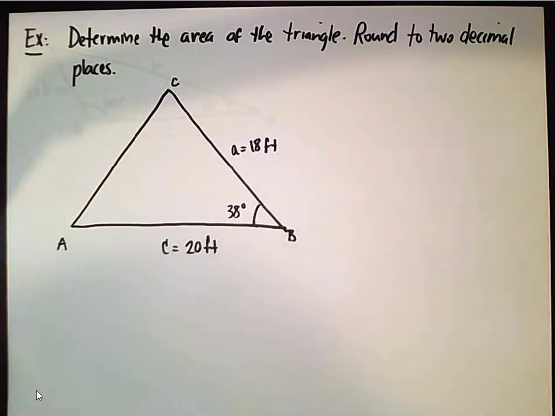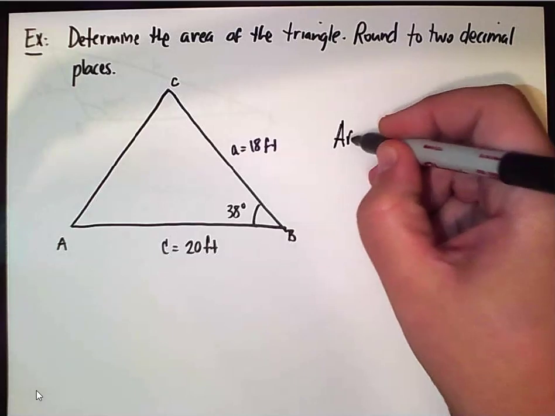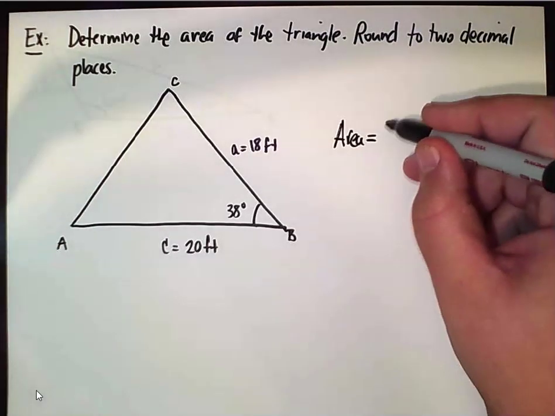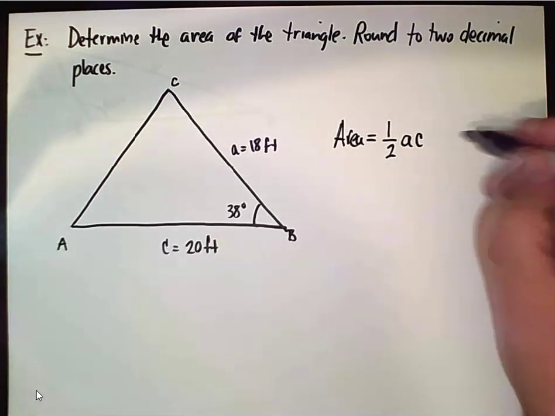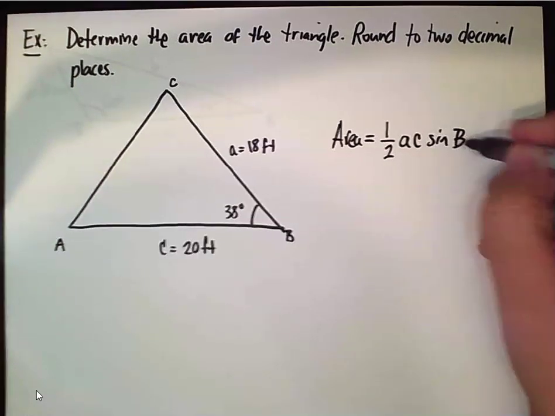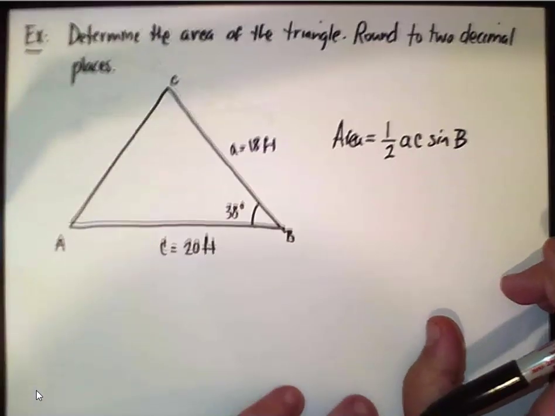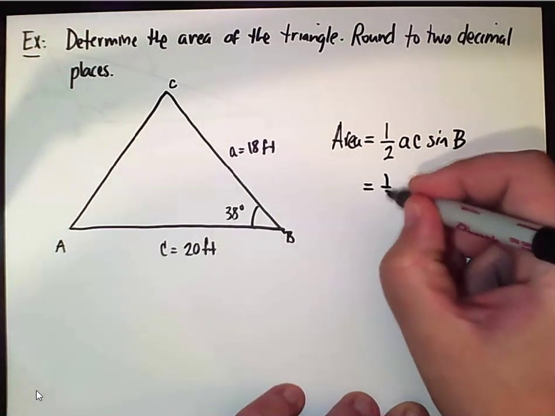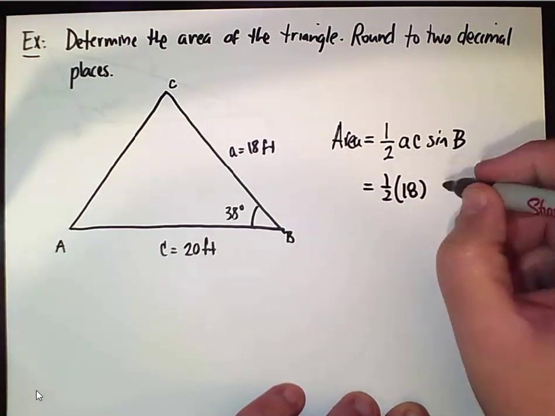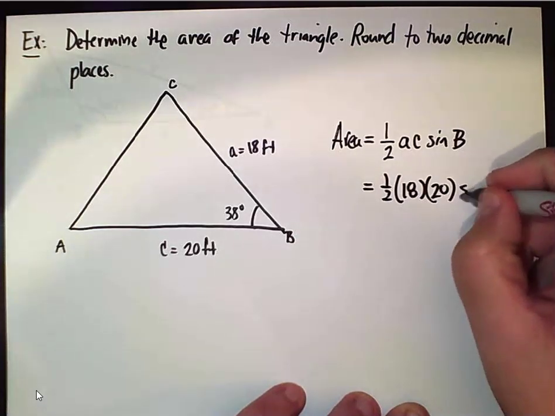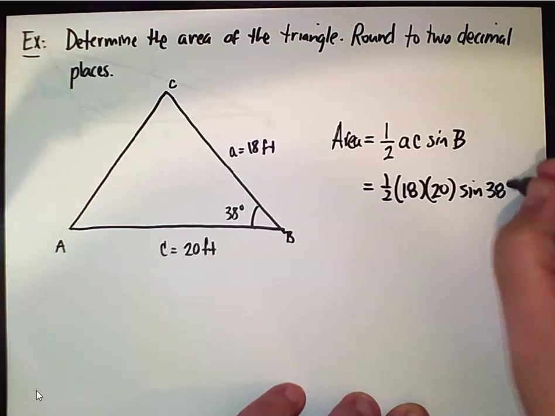So for example, here we've got the triangle ABC. We know side a is 18 feet, side c is 20 feet, and angle B, which is the angle between them, is 38 degrees. So the area of this triangle is equal to 1/2 a times c times the sine of angle B, or 1/2 times 18 times 20 times the sine of 38 degrees.